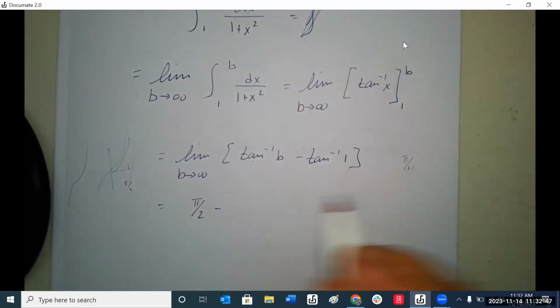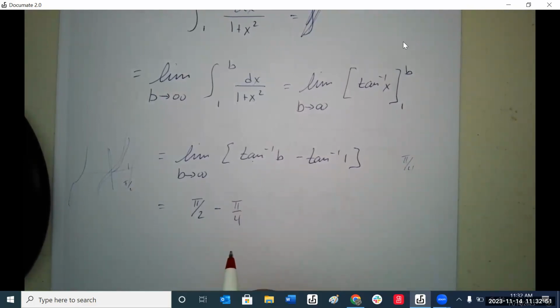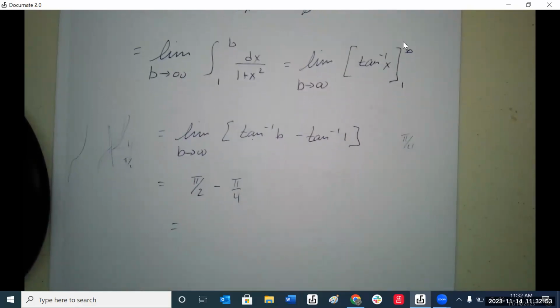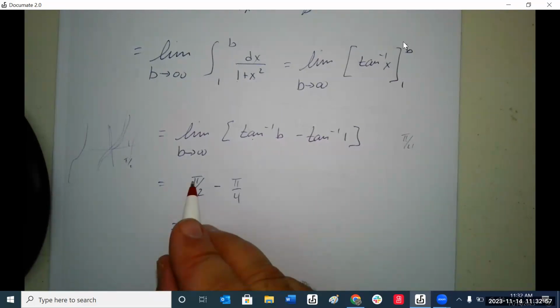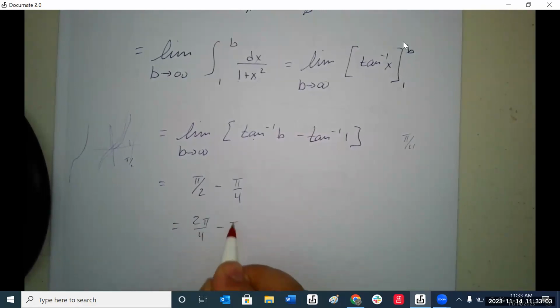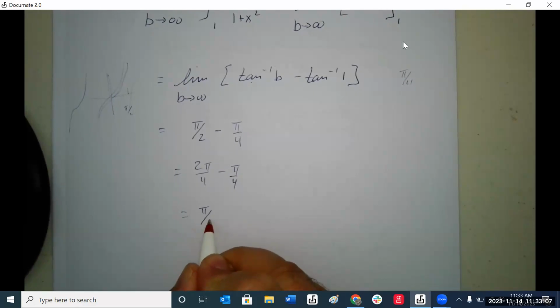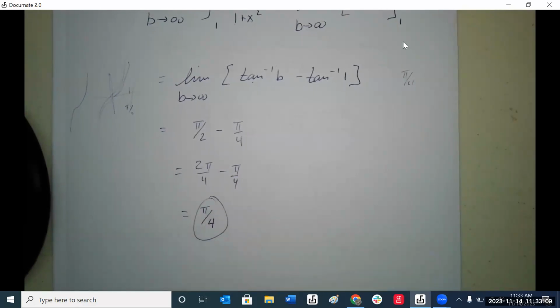It's a 45-degree angle. So pi over 2 minus pi over 4 is pi over 4. That's the value it converges to.